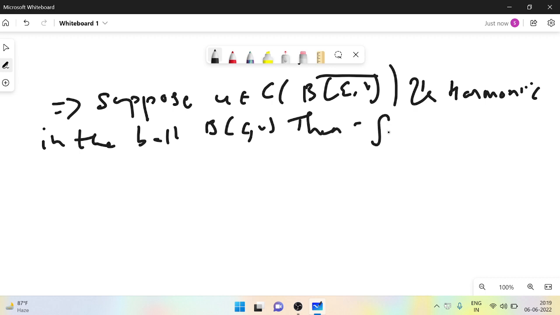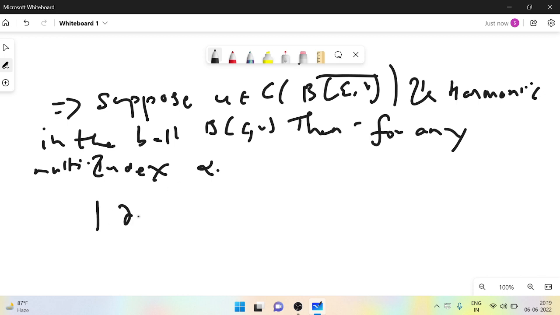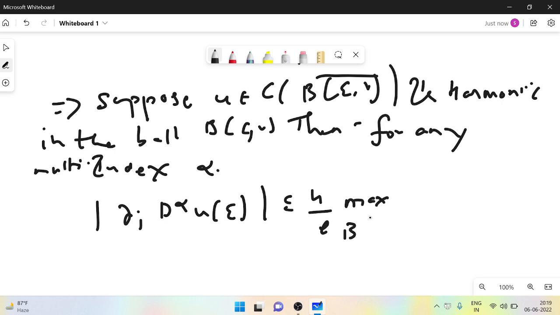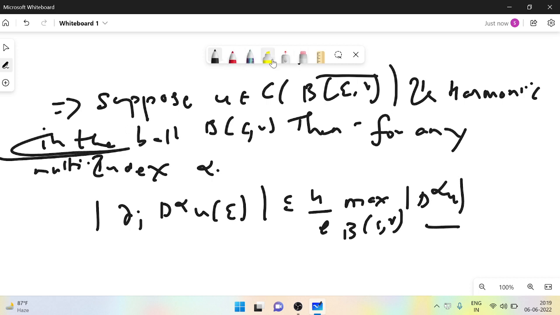Then for any multi-index alpha, the modulus of d alpha of u must be less than or equal to n by rho times the modulus of u. This is a general estimate.